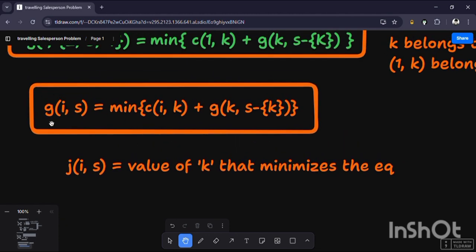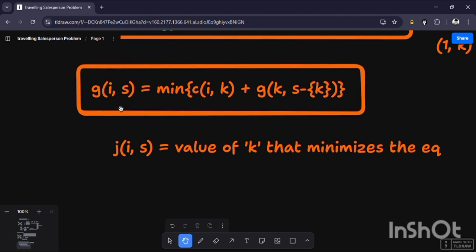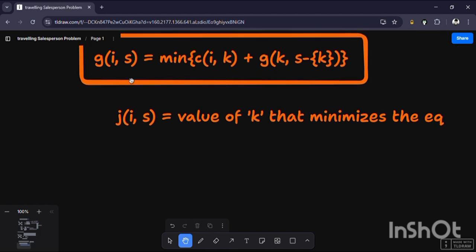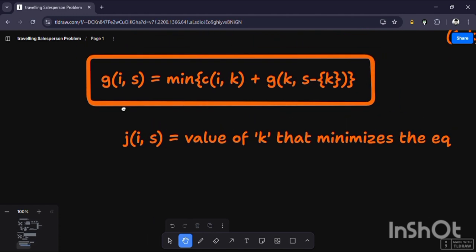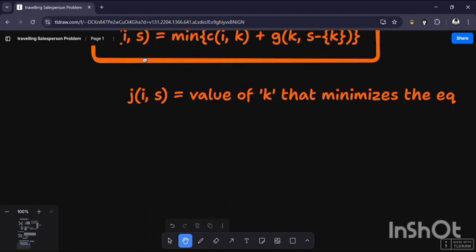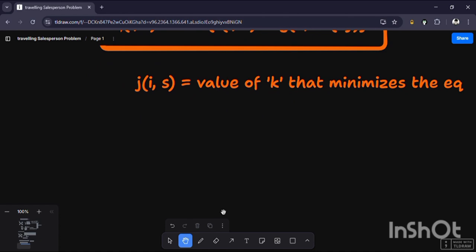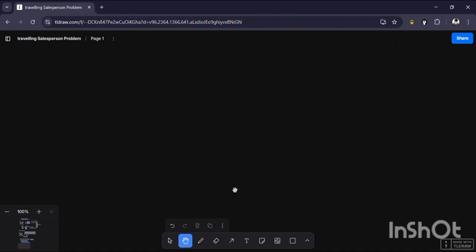Let me first calculate this one. So this is a recursive function that calls itself again here. G calls itself again, so this is purely a recursive function. In a recursive function, I have to write the base conditions. So what are my base conditions?